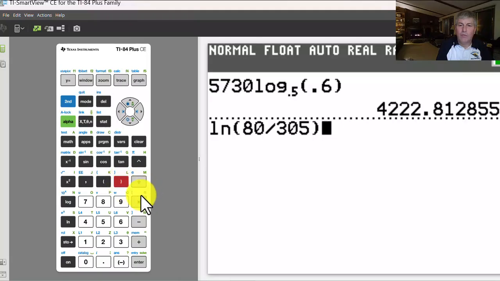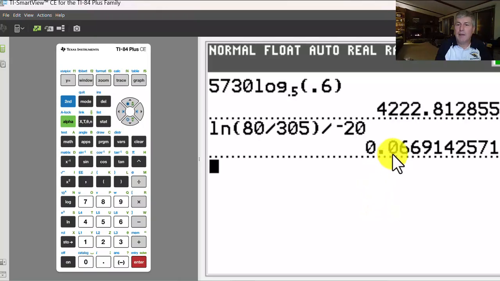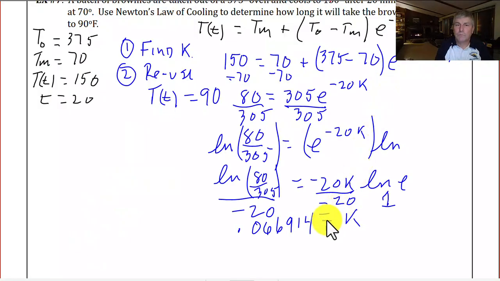I close that parenthesis, divide it by negative 20. Hit enter, and my k value is 0.066914.